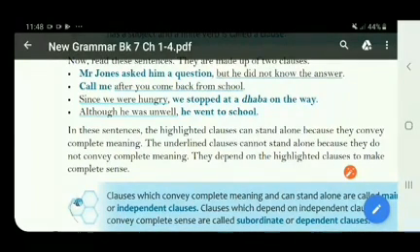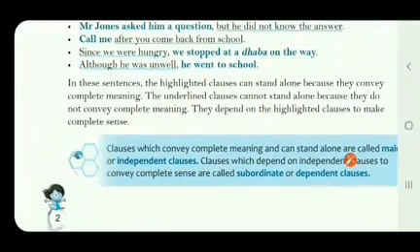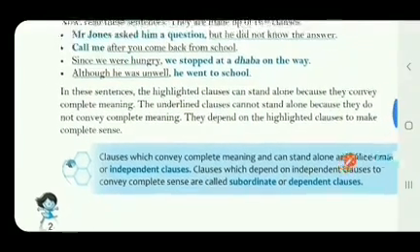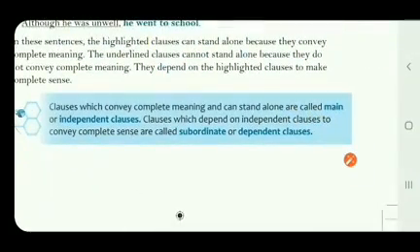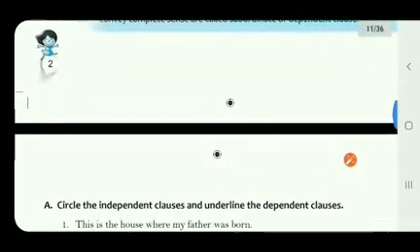So the highlighted clauses are the independent clauses and the underlined clauses are the dependent clauses. So what have we understood? Clauses which convey complete meaning and can stand alone are called main or independent clauses. Clauses which depend on independent clauses to convey complete sense are called subordinate or dependent clauses.